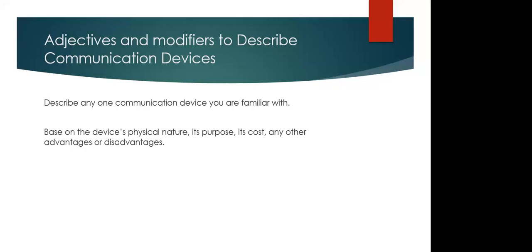If you have any device you want to describe using an adjective, the goal of this activity is for you to show that you can modify or describe or add more information to a communication device. So let's keep talking, and it's very important for you to speak in an English language lesson, by the way. Speaking is an important skill. It doesn't help for us to log in and just keep quiet.